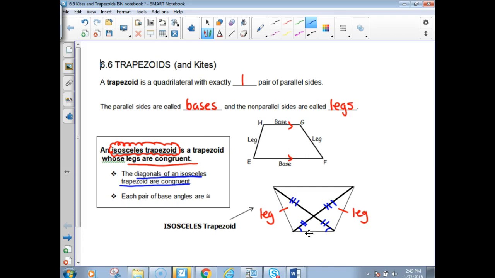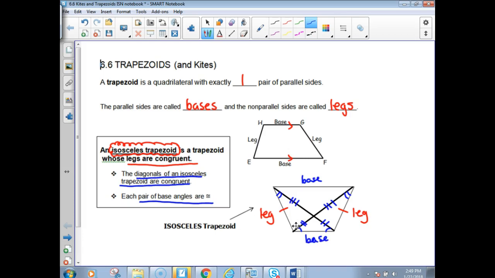All right, now, I've got another triangle over here and here that are congruent. These angles up here are equal. So if I mark those with 2 arcs, those angles are congruent. And it says that each pair of base angles are congruent. Well, that's those entire angles up here, because this is a base and this is a base.